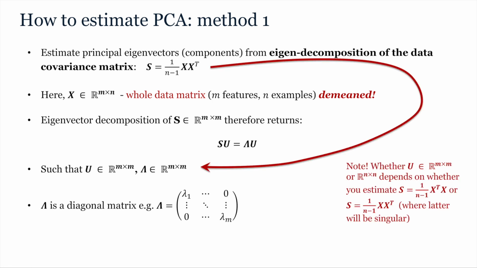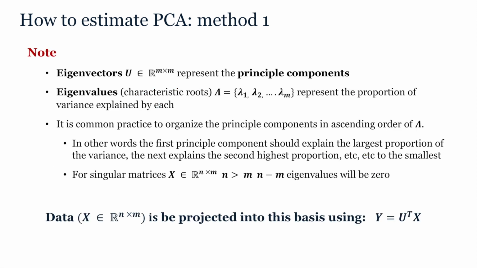Note, the specific dimensions of S and therefore U will depend on whether you are exploring variance across samples or features, and thus whether you have calculated S from X transpose X or XX transpose. These eigenvectors represent the principal components, orthogonal directions of maximal variance, where eigenvalues represent the proportion of data variance explained by each.